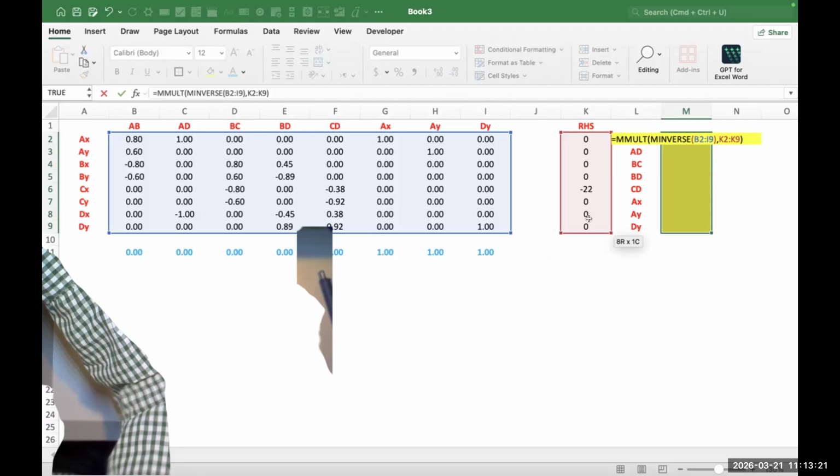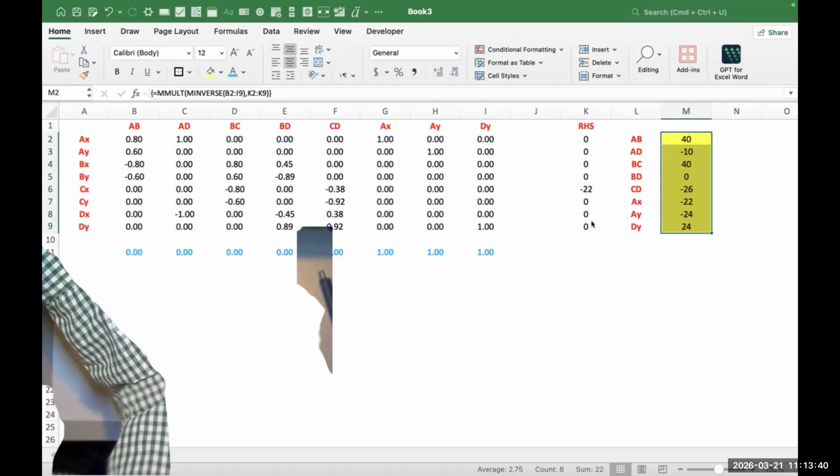I'm done. Again, if you click enter, you will get the value of AB only. You have to click Shift Control and then enter to get all the results simultaneously. So that's the only thing you need to remember. Shift Control, enter, I get everything.